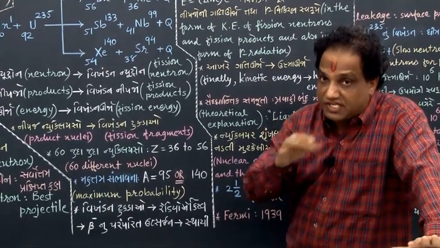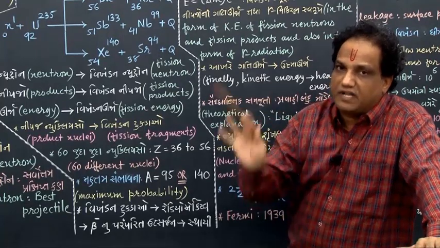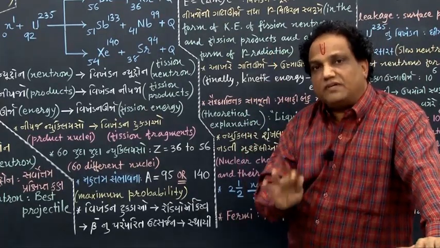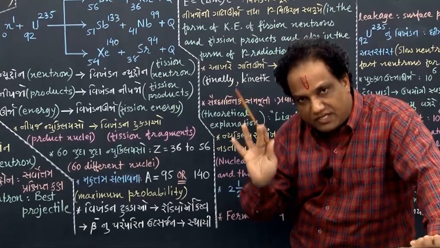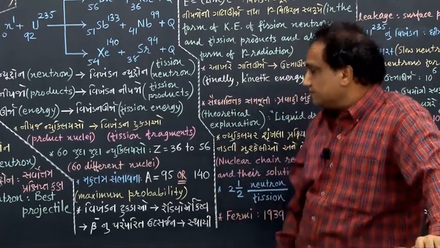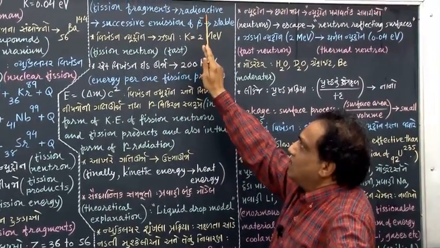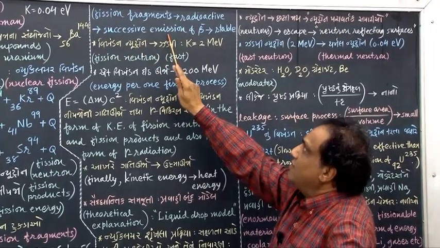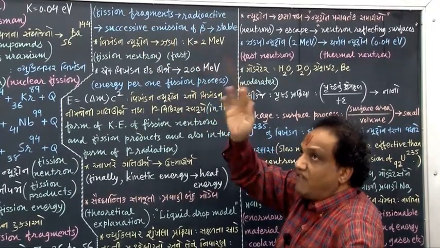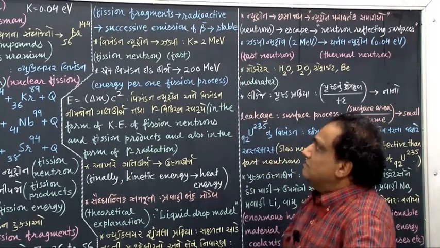They emit successively beta particles, and as they emit beta particles successively, then after losing excess of energy, they become gradually stable. Correct? Fine. That's what I have written here. Fission fragments are found to be radioactive. They undergo successive emission of beta particles, and finally they become stable. Okay, fine.